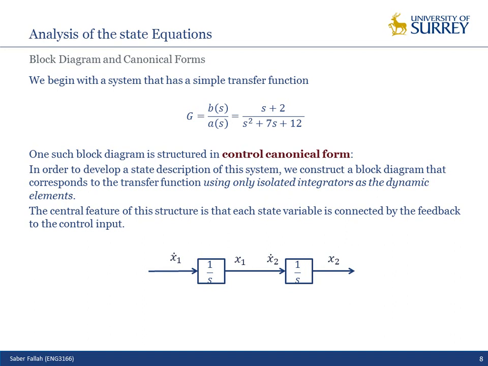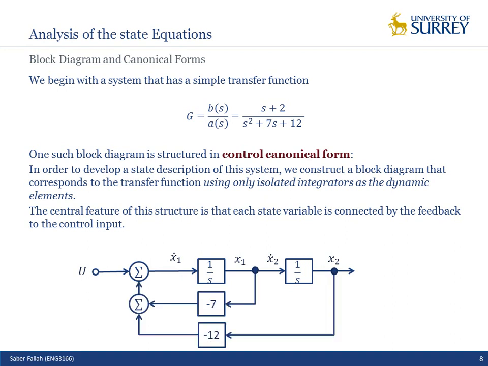So, after defining the states, look, Y(s) over U(s) is this transfer function. So Y(s) is this transfer function multiplied by u. The input is u. I get feedback minus 7 x1 and minus 12 x2. I get the feedback from each state, and the coefficients are the negative coefficients of each order of integration.